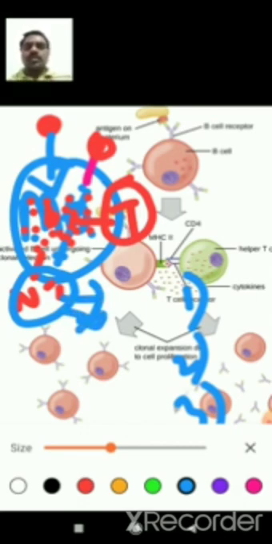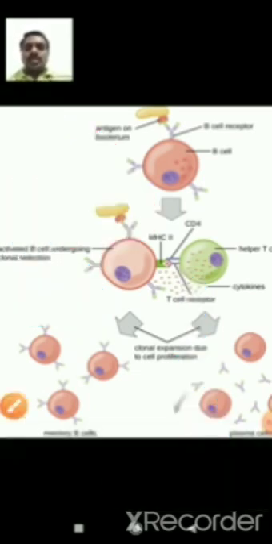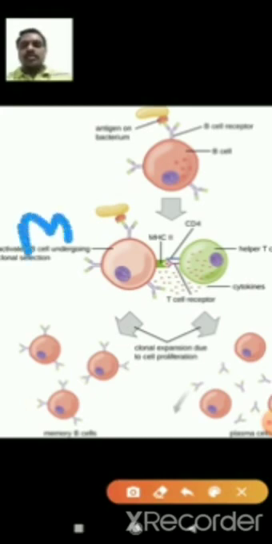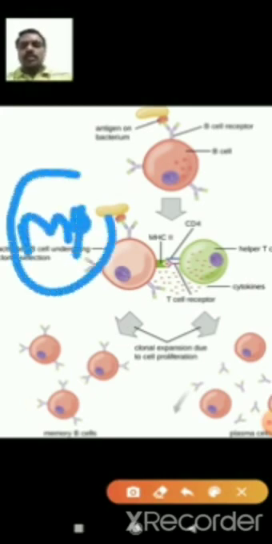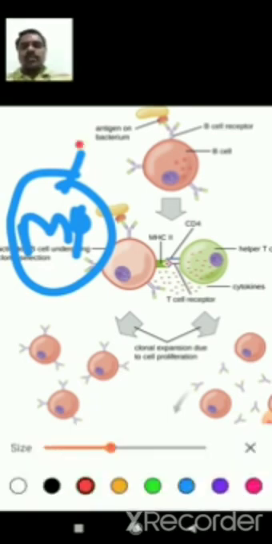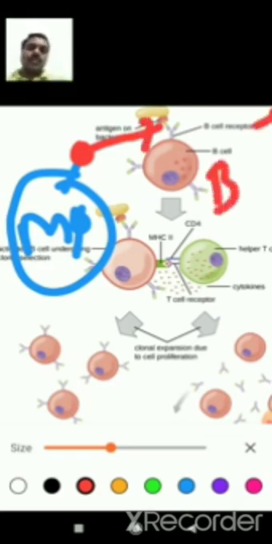So the toxic material is presented on the macrophage membrane. This antigen is presented to the B cell receptors of the B cell. This is the fourth point of the macrophages.